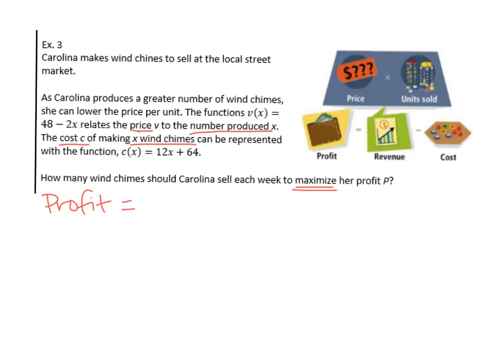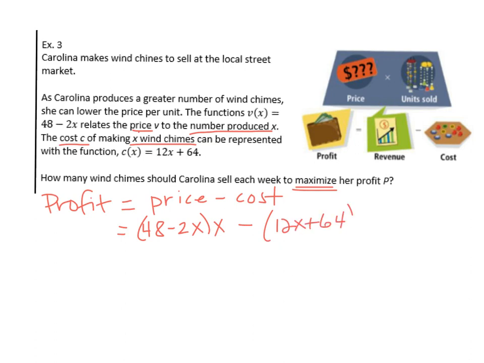So to get profit, if we take price minus cost, this is where it gets a little tricky. The price is 48 minus 2x per wind chime. So we have to actually multiply it by x for the number of wind chimes. And then if we subtract out the cost, 12x plus 64.